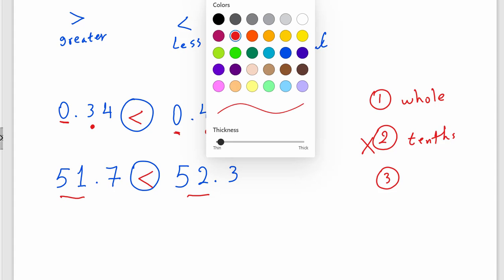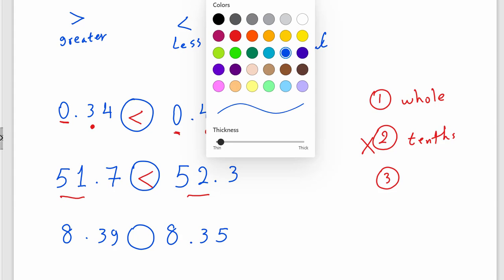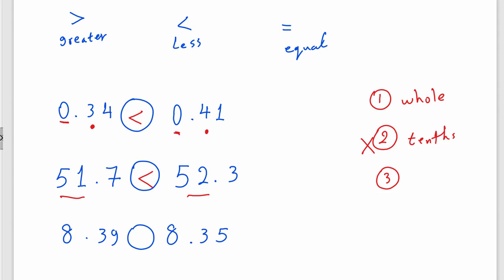Okay, another example. 8.39 and 8.35. And for this one, if we compare the whole numbers, it's 8, 8, the same.